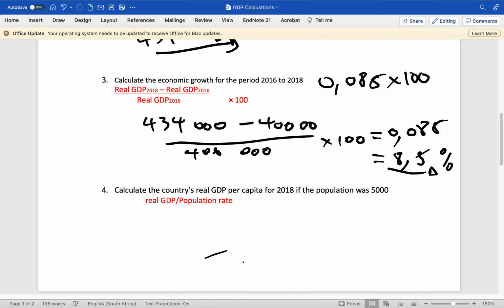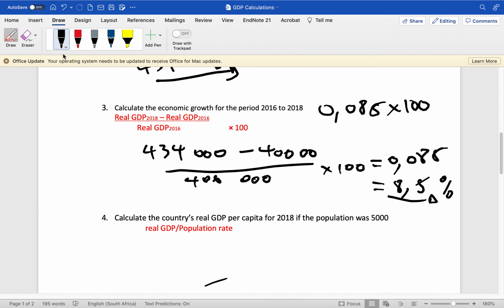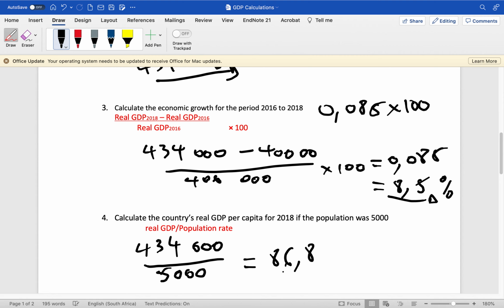So to calculate your real GDP per capita, now you just need to take your real GDP for 2018, which was 434,000, and then you need to divide it by the population level or rate, which is 5,000, and your answer should be 86,8.